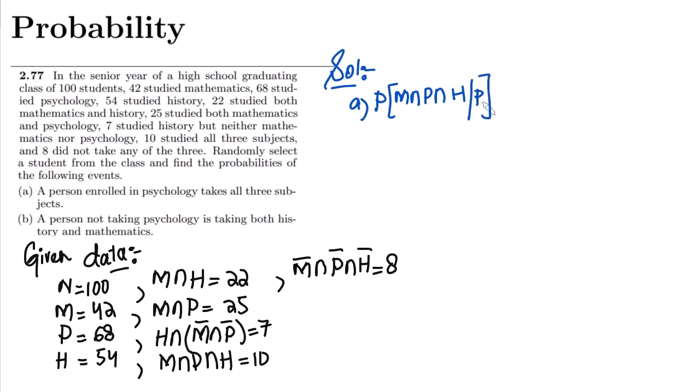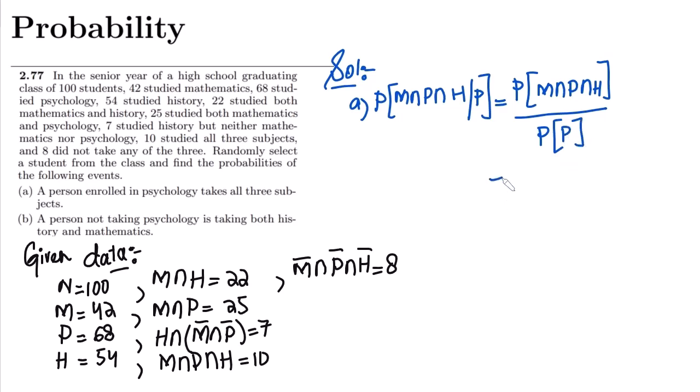Okay, so he has taken psychology, and the probability that after taking psychology, he has also been enrolled in all these 3 subjects. So by using the conditional probability, it would be the probability of M and P and H, divided by the probability that he would be in psychology.